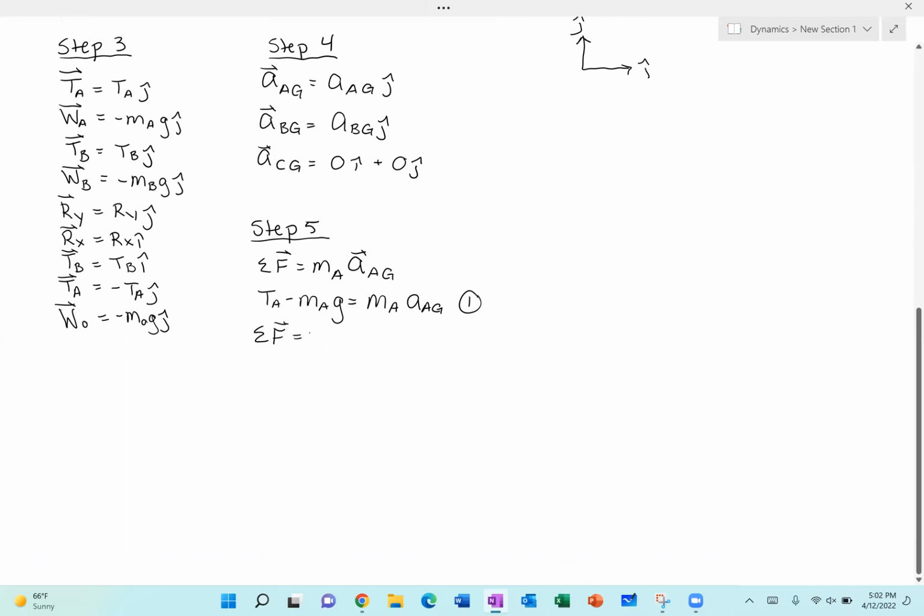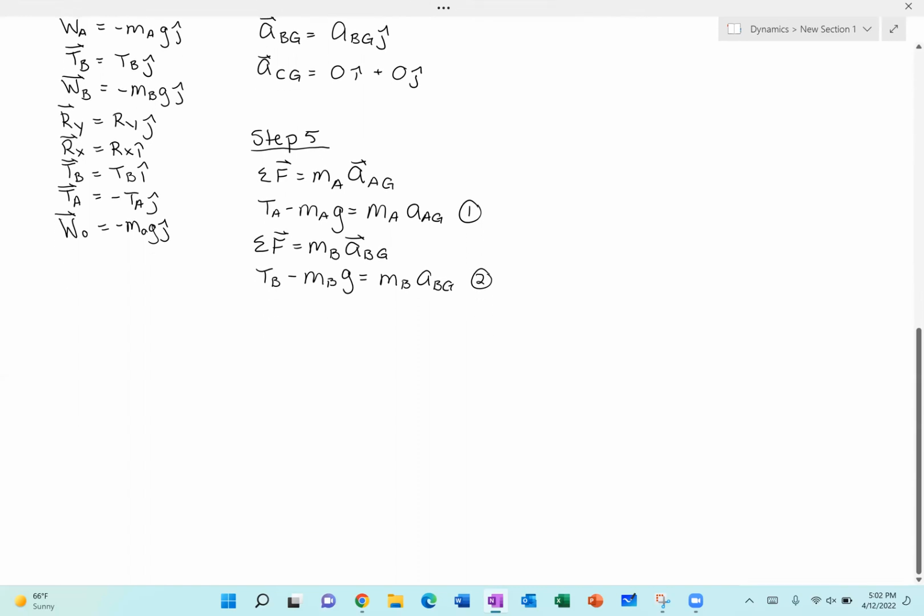And then for mass body B, we will do the same process, which will look pretty similar. And then for mass body C, we know the acceleration equals 0.